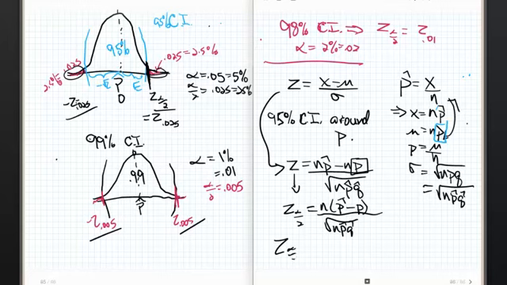I end up with Z alpha halves times, now you can scream and yell at me if you need to, root P hat Q hat over root N. Now, hopefully you see where the root P hat Q hat came from, because remember, when I cross multiplied up, I went, if you think about this, when I cross multiply, what I end up with is, we'll just do this as side work over here, so I'm going to put it implies. I end up with root N over N, which is N to the 1/2 divided by N to the 1, which is 1 over root N. That's where that guy comes from. All right? Then this is equal to P hat minus P.